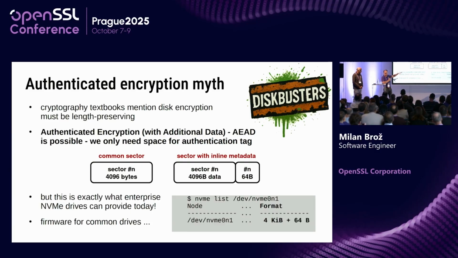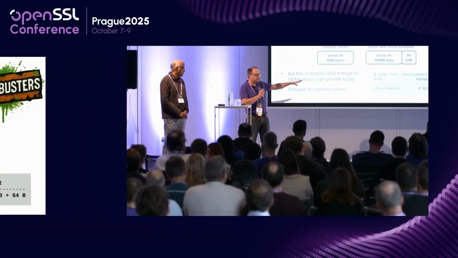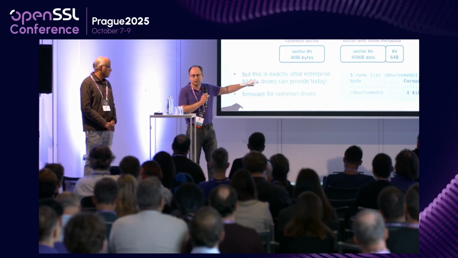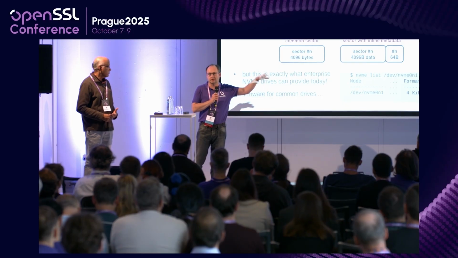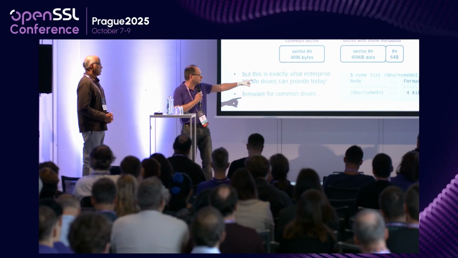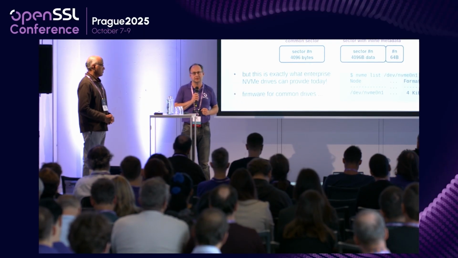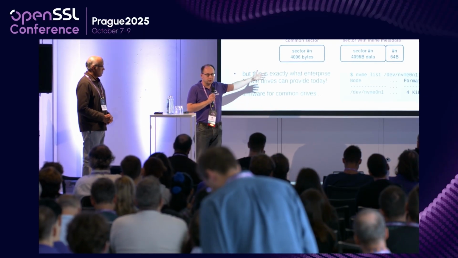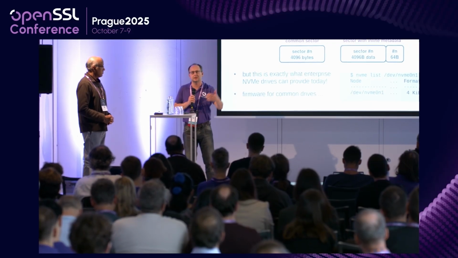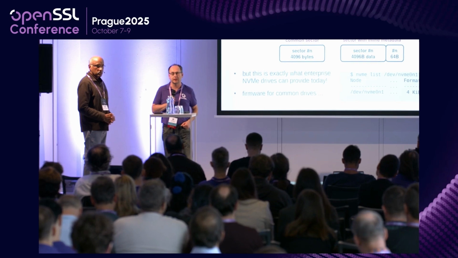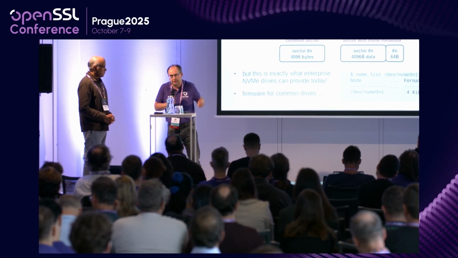I demonstrated it on NVMe, but probably other disk providers support it as well. Then it's up to you. You can ignore the 64 bytes and use it as a previous disk, but you can also store something there. That something can be an authentication tag. Imagine GCM mode: you have the data and an additional tag, and you can store it there, and then you can run encryption with integrity protection. Or you can store anything there: a nonce, a random initialization vector, whatever. It provides much more room for better encryption than just length-preserving encryption. I hope it answers the question.